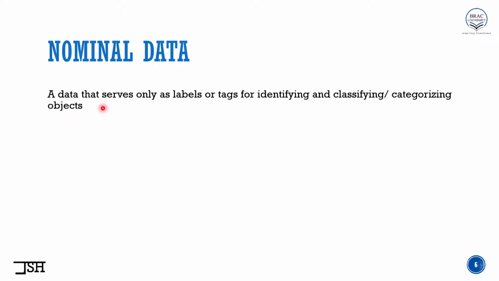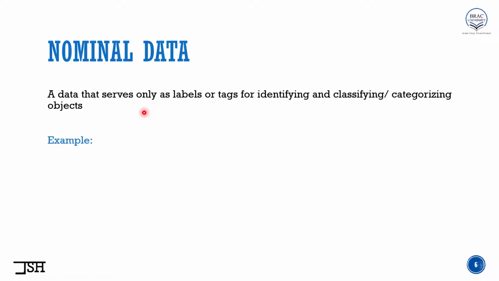A data that serves only as labels or tags for identifying and classifying or categorizing objects. So here, as you can see, we have category again. And this is the main characteristic of nominal data. Now I know the concept is not at all clear yet, but trust me, once I show you the example and explain it, it will be very easy and crystal clear to you.